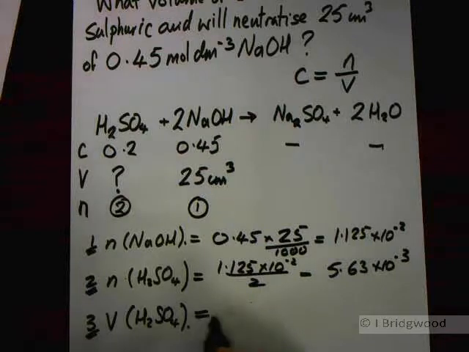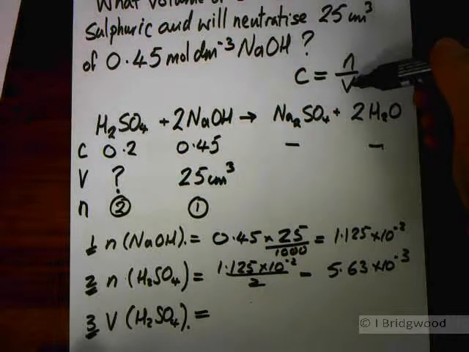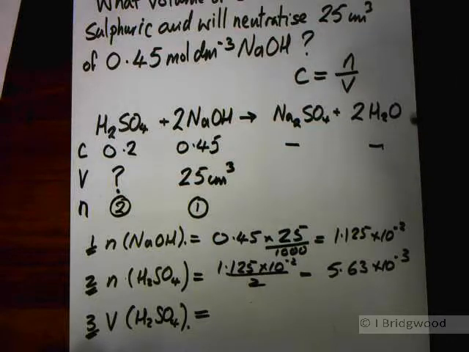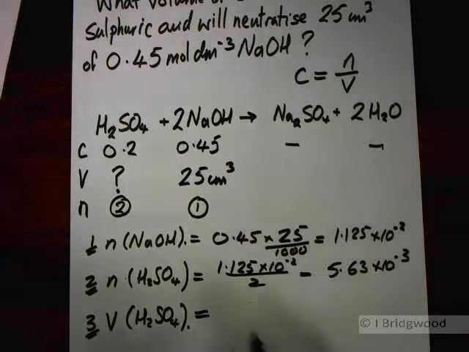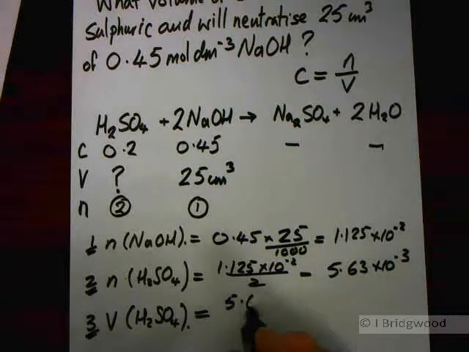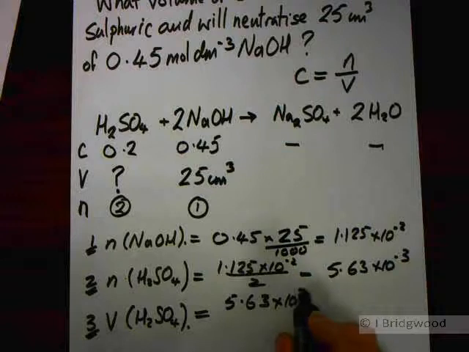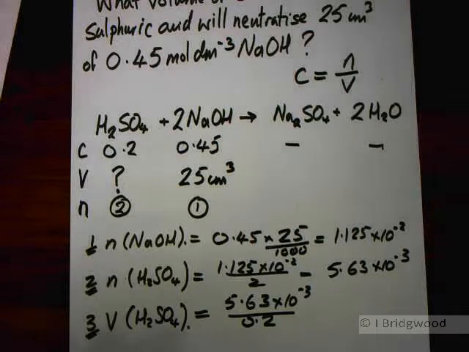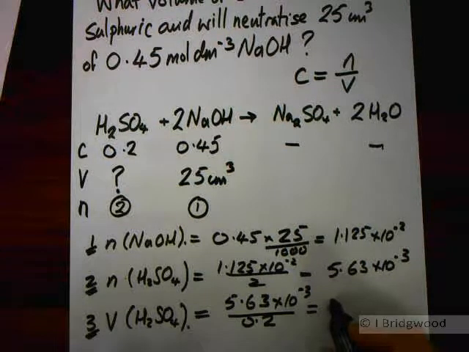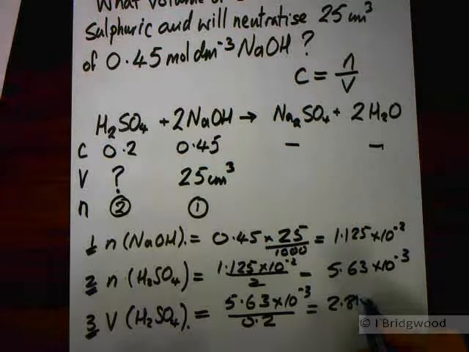And therefore our volume, rearrange the equation again, take the volume up to the top, take concentration down to the bottom, so volume equals number of moles over concentration, 5.63 times 10 to the minus 3 divided by 0.2. 2.81 times 10 to the minus 2, and that is in cubic decimetres.